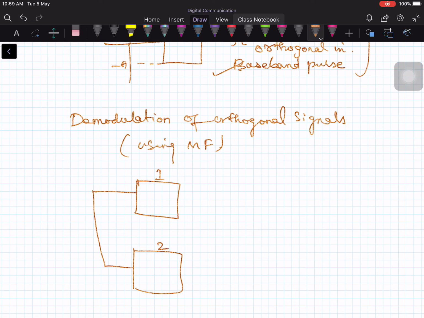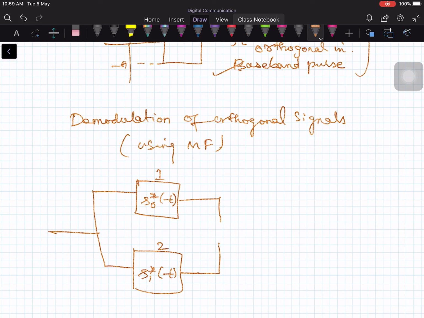The first matched filter is matched to s naught of t, so it is s naught conjugate of minus t. And the second matched filter is matched to s1 of t, therefore s1 conjugate of minus t. This is the output of the two matched filters, and the input is the same.